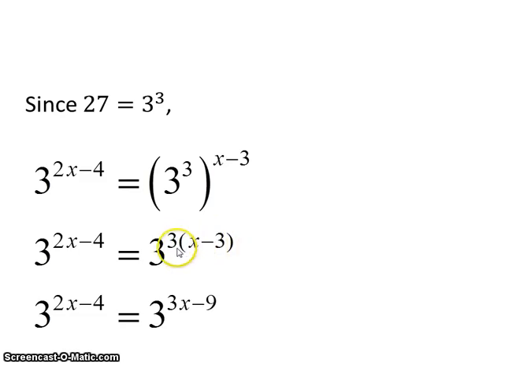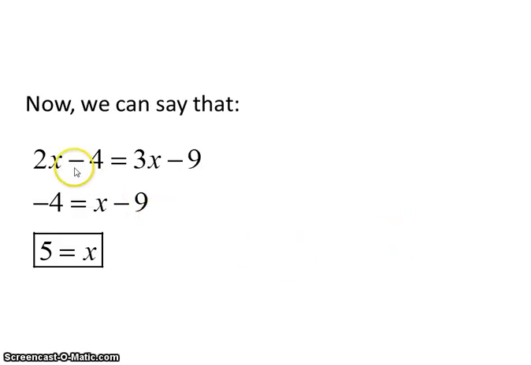Just distribute the 3 through the parentheses, and now we've got where we want to be. We've got 3 to some power equals 3 to some power. We just have to set the exponents equal to each other. So 2x minus 4 is equal to 3x minus 9, just a little bit of algebra. Isolate the x on one side, numbers on the other, and we get our answer, x equals 5.